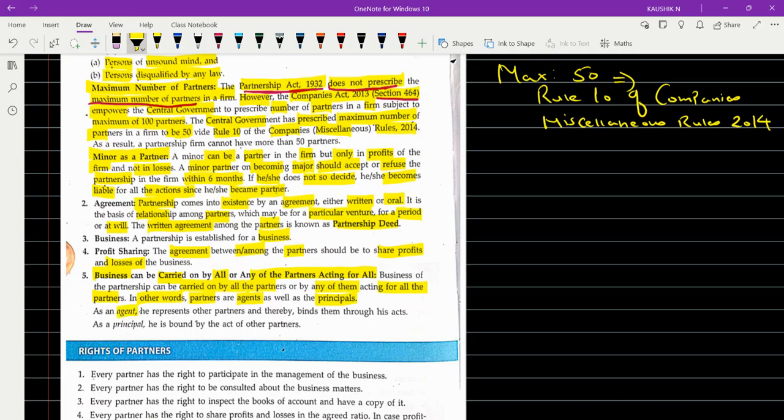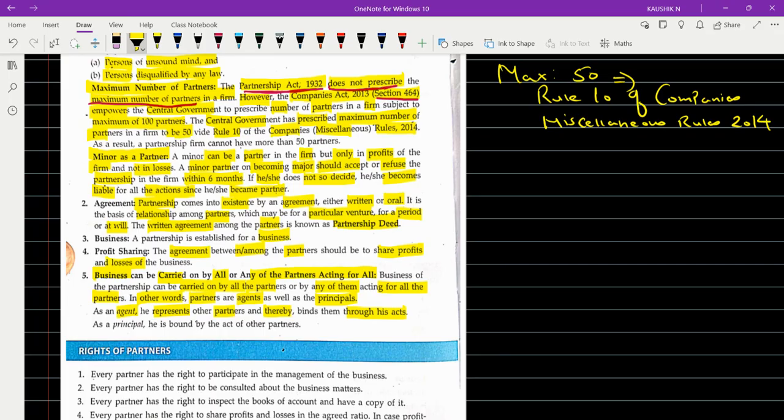Now, what does it mean as an agent and as a principal? As an agent, B represents other partners and thereby binds them through his act. So if you act as an agent, whatever you do as an individual will bind the other partners also. The act of one partner will affect the entire partnership as a whole.